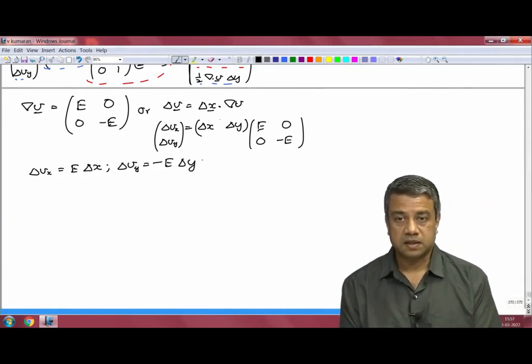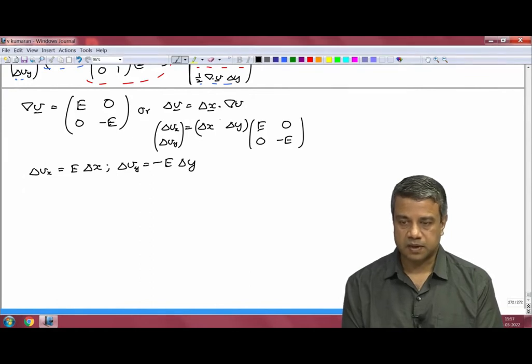So, that is the relative velocity between nearby points from the origin.